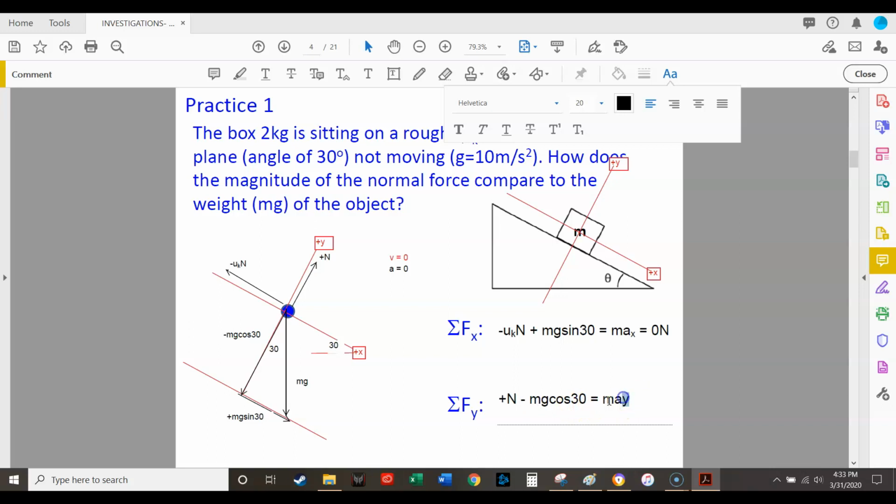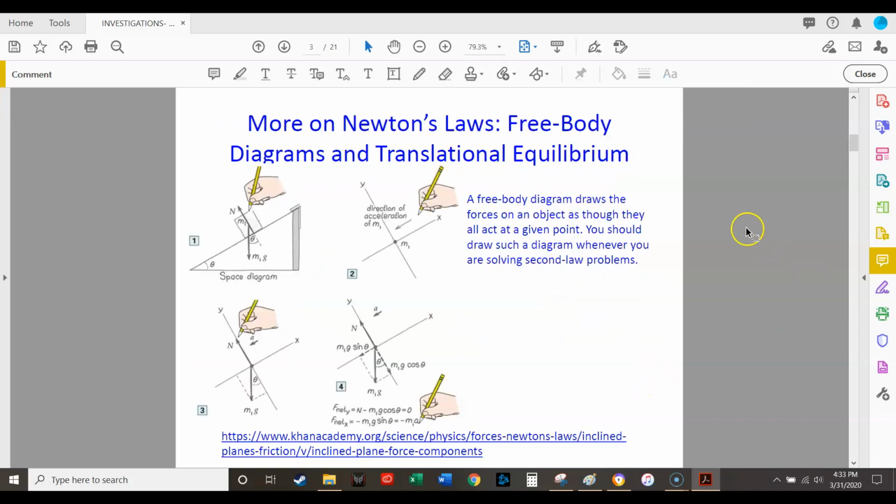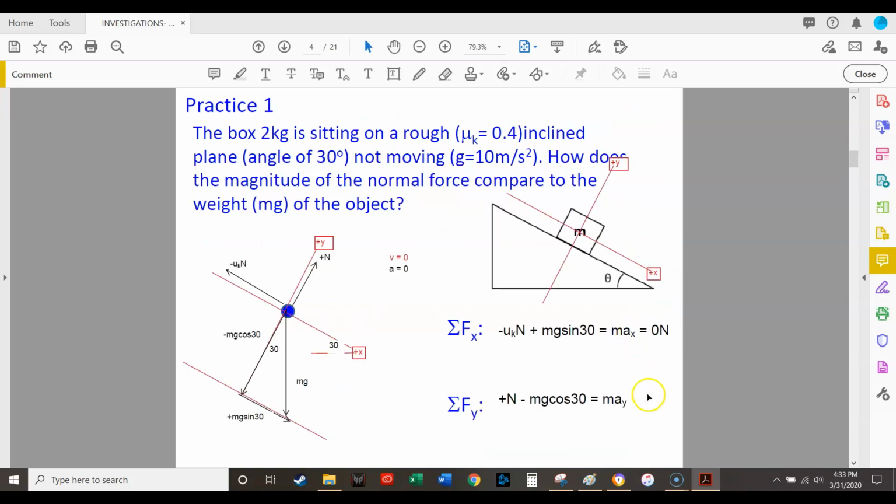The y direction acceleration goes along with the y direction, and it is not accelerating off the plane or into the plane. So that is going to be 0, so that is also going to be 0 newtons.